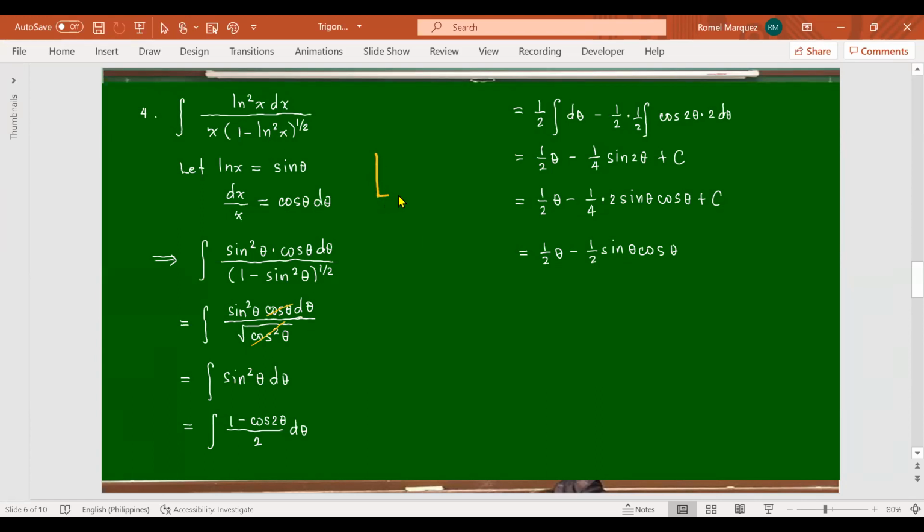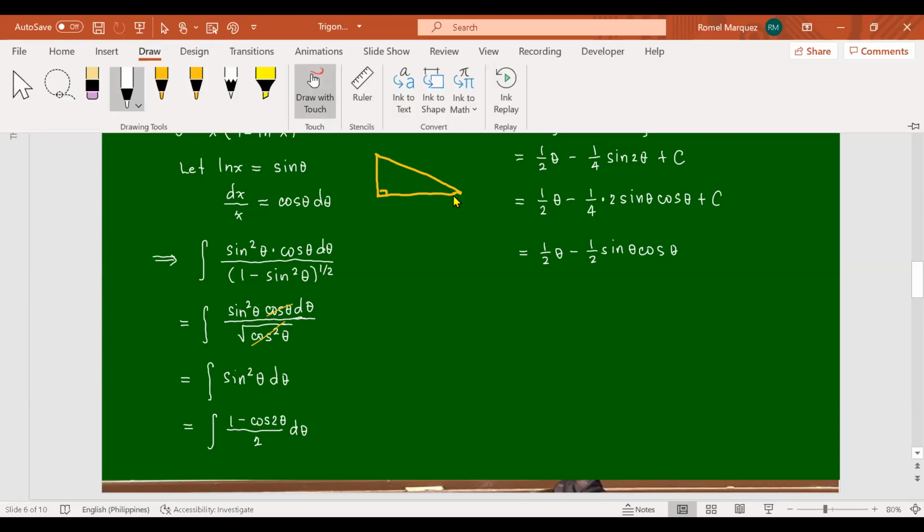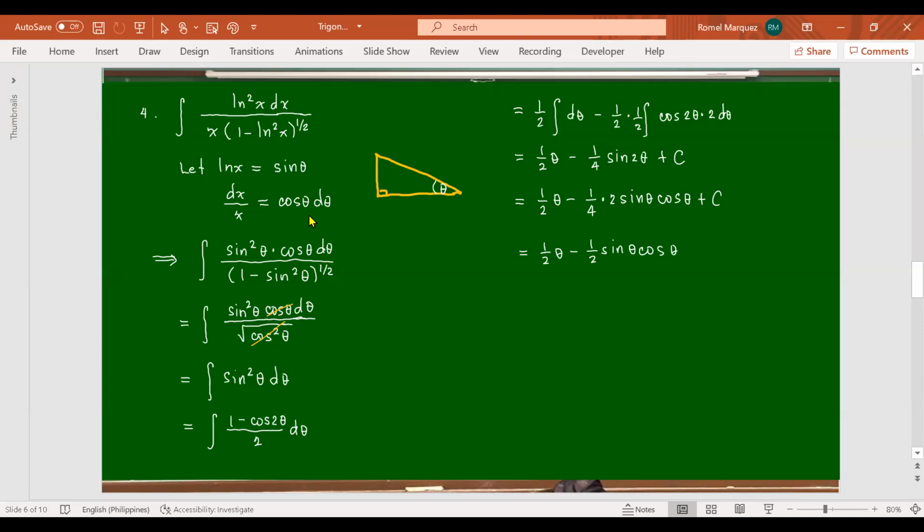So let's now define the triangle that is associated here. Okay. So let this be theta, this part. So sine theta is ln x, opposite over 1, the hypotenuse is 1. So this gives us square root of what? 1 minus ln squared x.